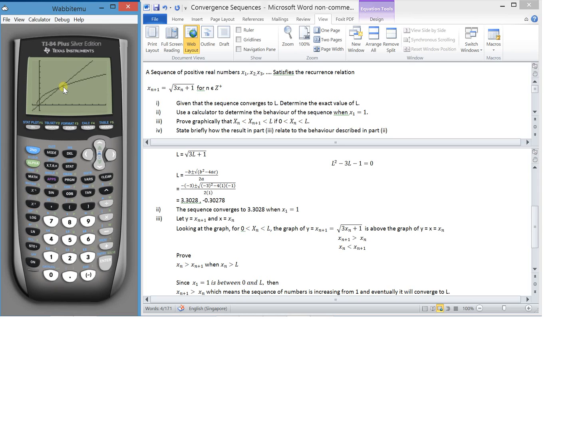Okay, so now we have this. This is 3.3028, we know. So we want to look at the part of the graph where the x-axis is between 0 and 3.3028. We want to look at this part of the graph that I'm marking out.